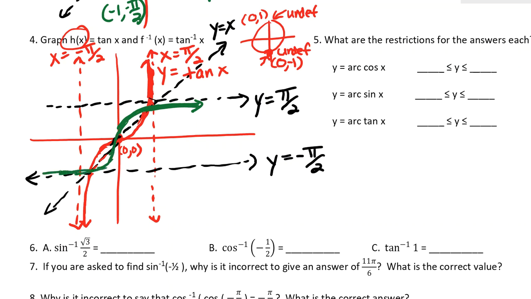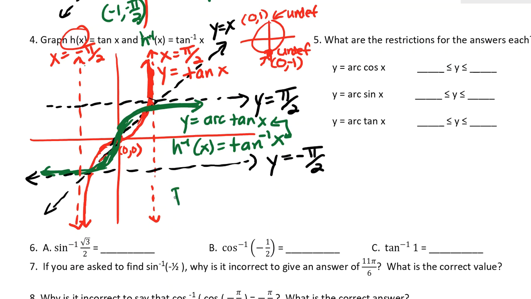Once you get used to the idea of the reflection, this is our graph of arc tangent. Here we could call it H inverse of x equals tangent with an inverse symbol. These two are interchangeable symbols. Notice that our restrictions here were the same as they were for arc sine.